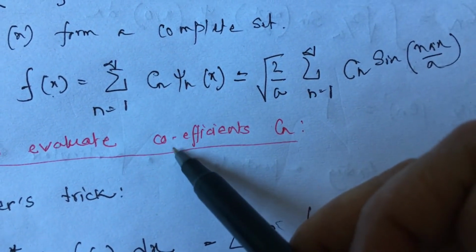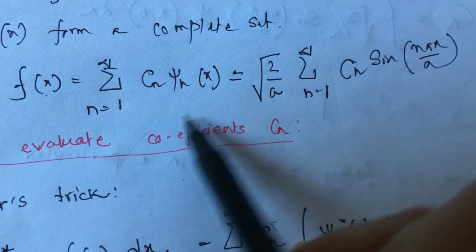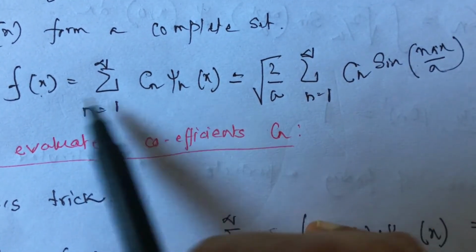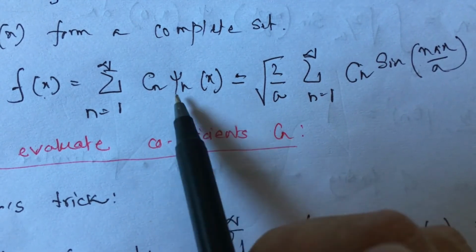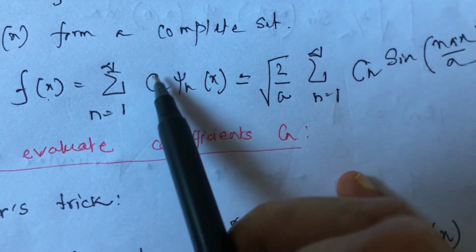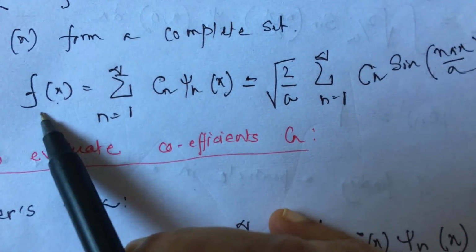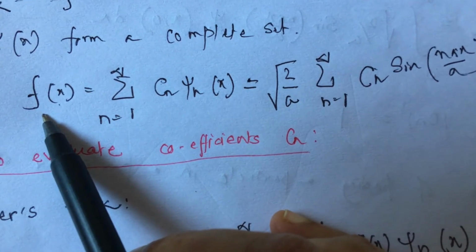These coefficients are something constant. So this is a relation of completeness.